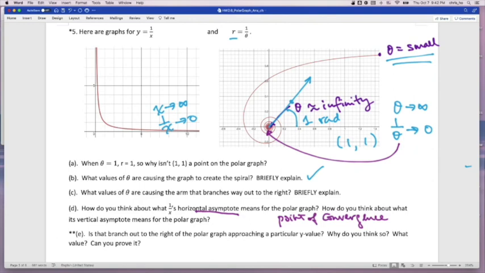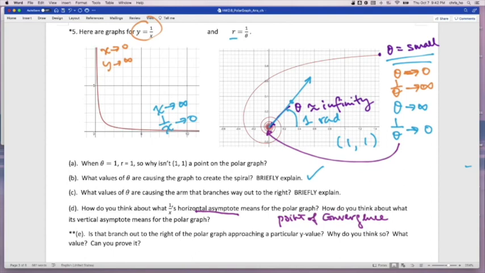What about the vertical asymptote? Well, the vertical asymptote, let me switch to a different color in this graph, is when x approaches 0, y approaches infinity. So equivalently, when theta approaches 0, then 1 over theta approaches infinity. So what does that mean?